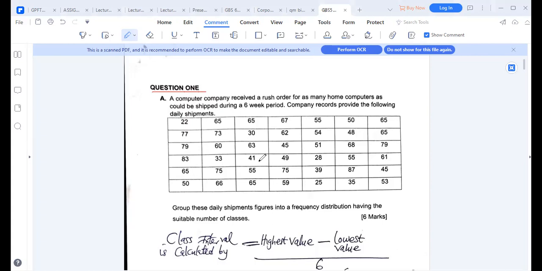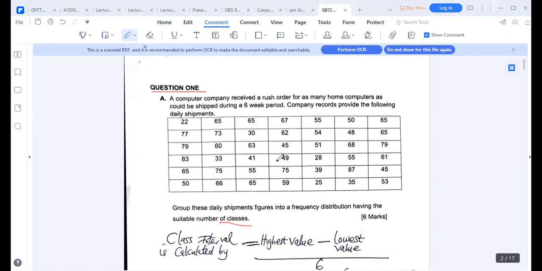So the data that we've been given here is ungrouped data, the numbers that are just open data. Then we are asked to group these daily shipment figures into a frequency distribution having a suitable number of classes.